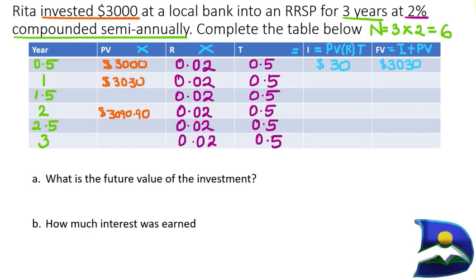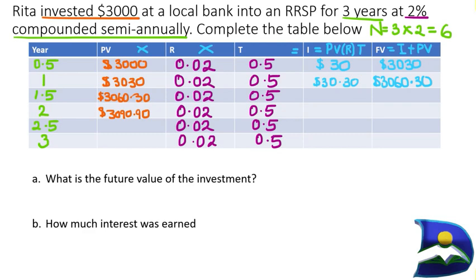And heading into year 1, you have that same rate and time, and once you multiply those, that gives you that interest, and that interest, once you add that to your present value, that gives you the future value after 1 year. And going into a year and a half, you actually have that money.